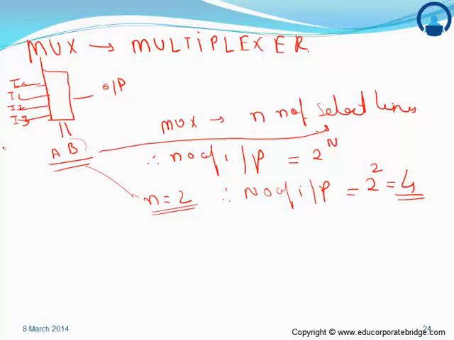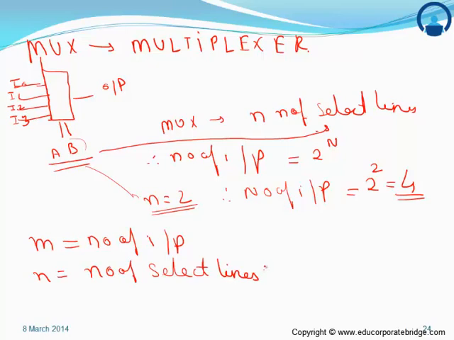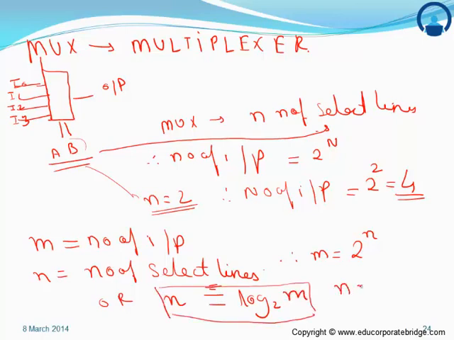If a multiplexer has m inputs, and n is the number of select lines, then m is equal to 2 raised to the number of select lines n. The number of select lines n can also be found by the formula log to the base 2 of m, or n is equal to 3.32 log to the base 10 of m.